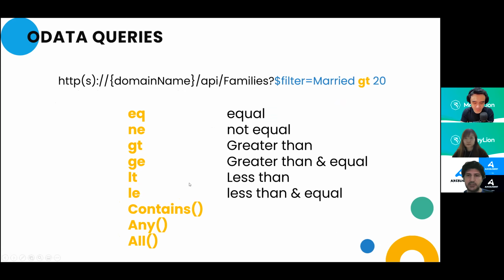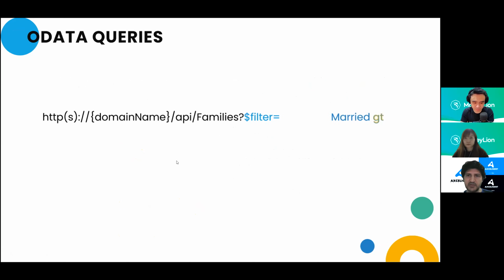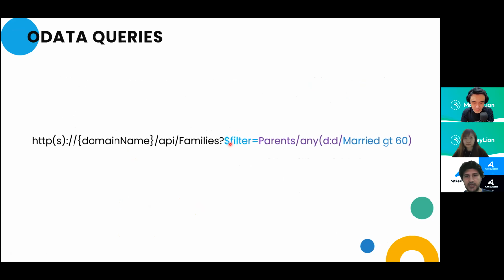If I go with another example, I have $filter on parents. Parents is the entity in the results that families returns. So let's say for a families return, one of the fields returned is parents. I am saying inside the parents, search for any that is married more than 60 years, for example.